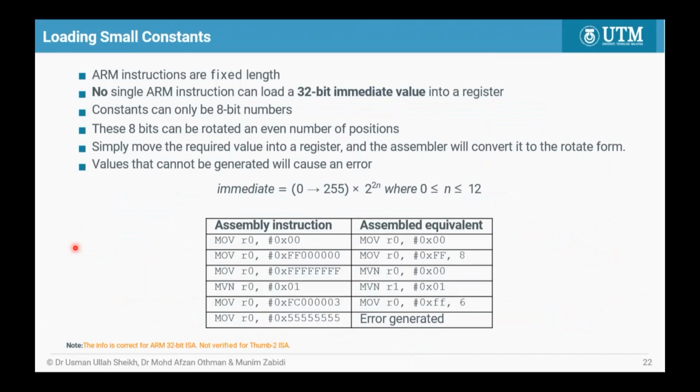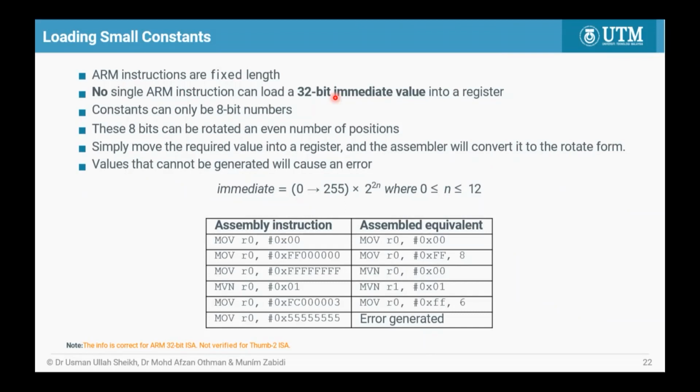So the ARM instructions are fixed length. Since the ARM instruction is a fixed length, no single ARM instruction can load a 32-bit immediate value into a register. That means you cannot simply load a 32-bit number to your general purpose register by using a MOV instruction.